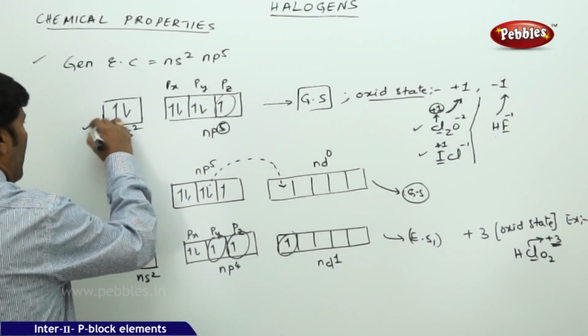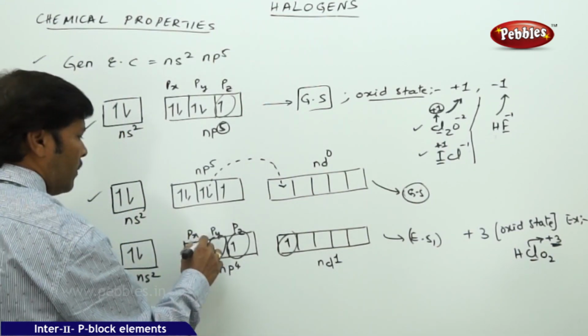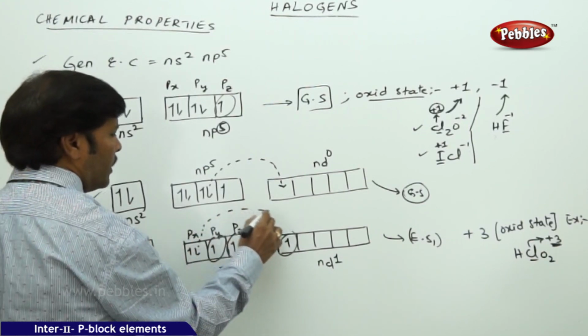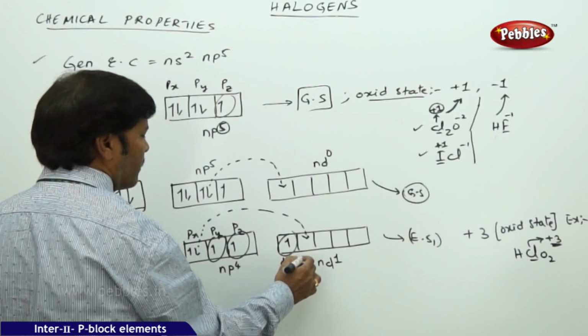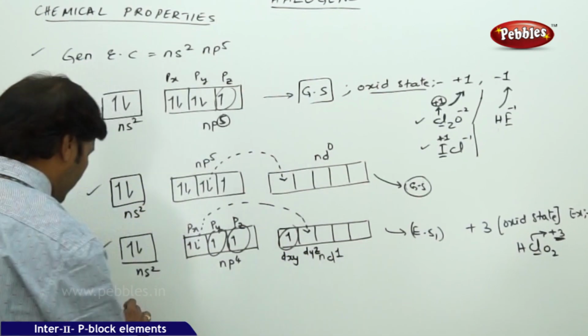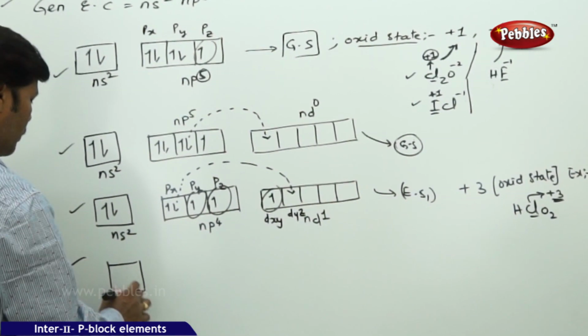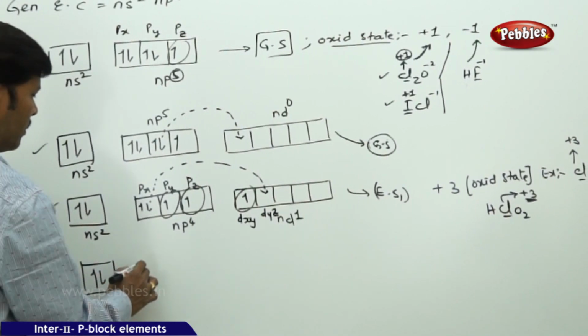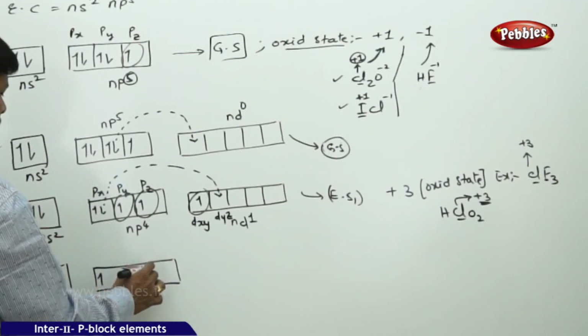Next from here we will go for the next oxidation state, that is, you promote one more electron from the p orbital to the nd. This is dxy, and this is dyz. So the next configuration is going to become ns2 of 2 electrons. Take the promotion of electrons 1, 2, 3.